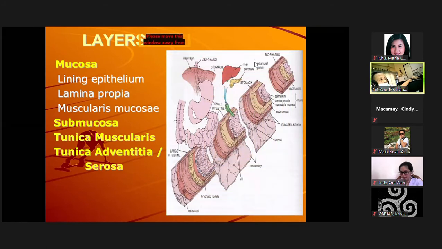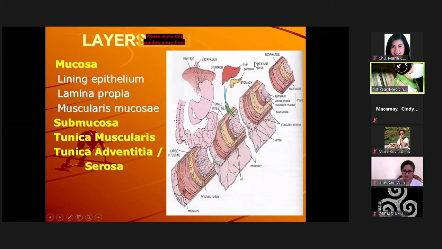Okay, this is just an example. This is intestine. So you will have here your esophagus, this one here. So you have your cut section. You have this epithelial layer. This is the mucosa, isn't it? So you have your inner epithelium, and then the lamina propria. And then your muscularis mucosa.